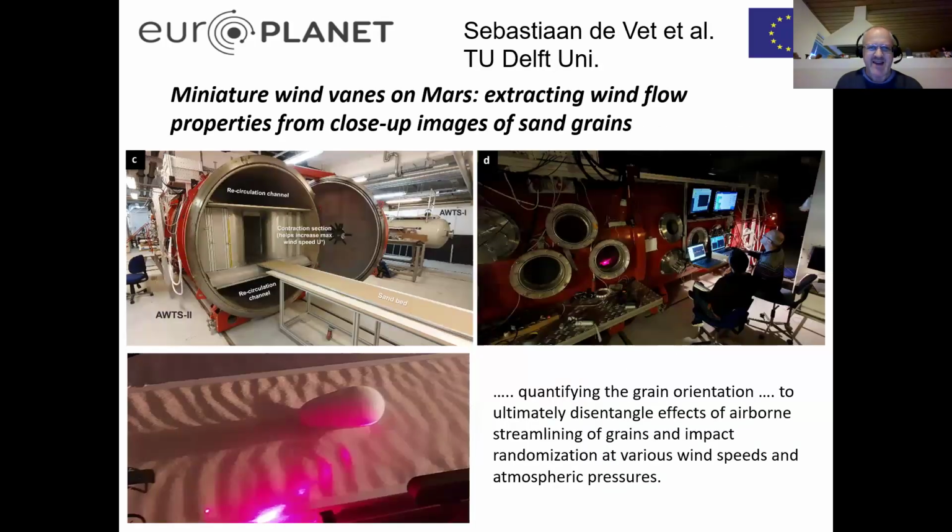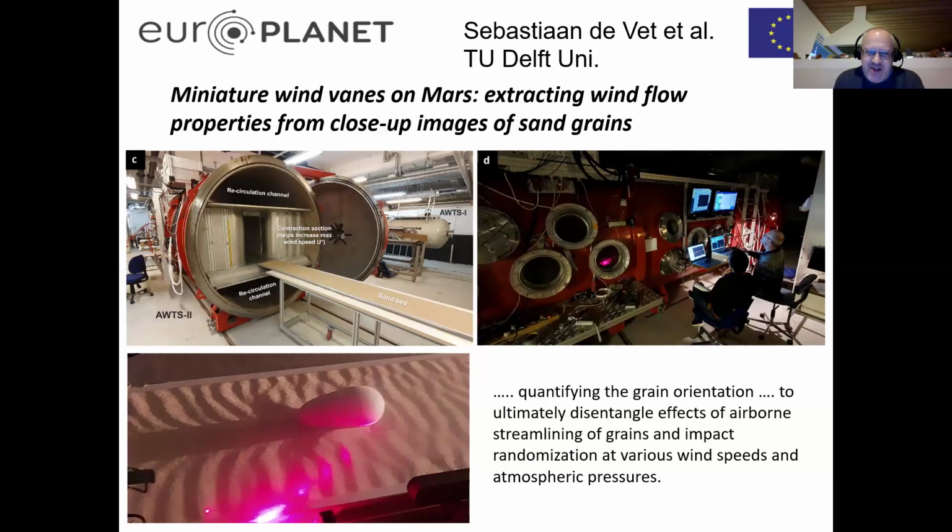Yet another ripple type of experiment, which again involves studying ripples, but with a slight twist. This was a group from Delft in Holland. Interestingly, Sebastian de Vet came as a master student 20 years ago to do a project, and now he came 20 years later with his own master student.